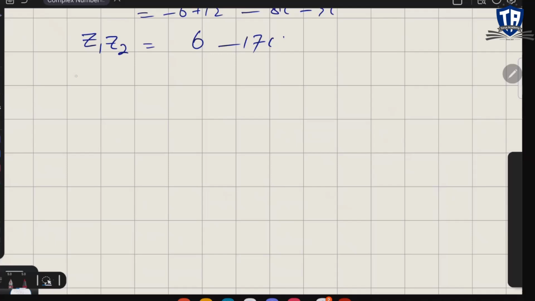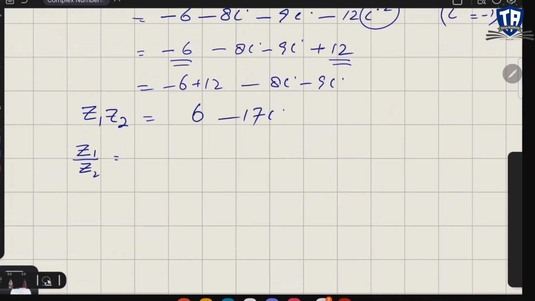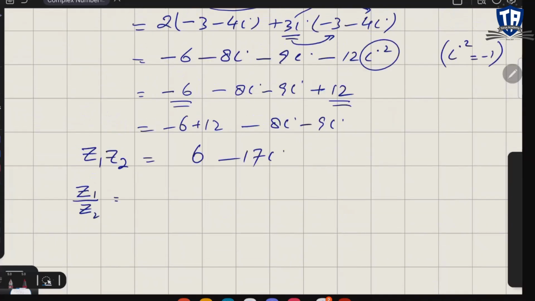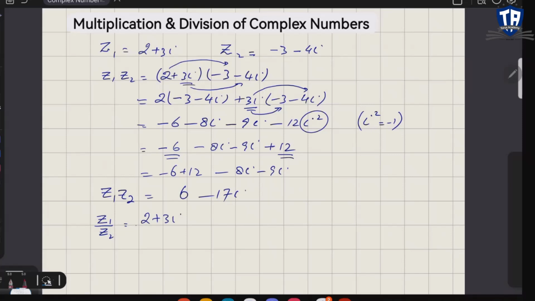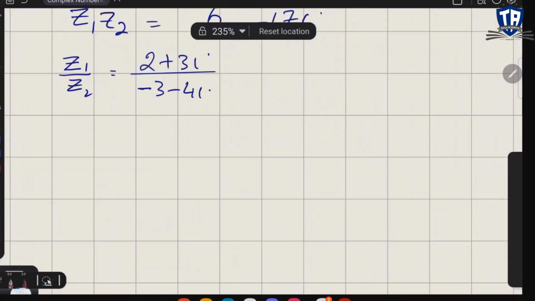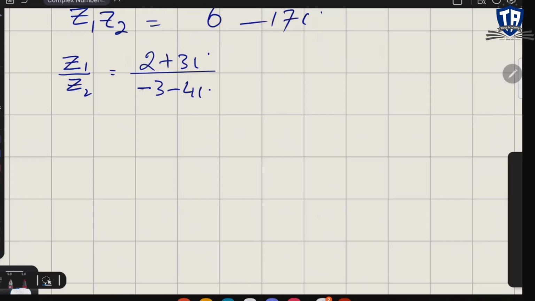Next case is division of a complex number. Division of a complex number means we divide two complex numbers. See what will happen. A complex number has a particular way of writing, a real part and an imaginary part.